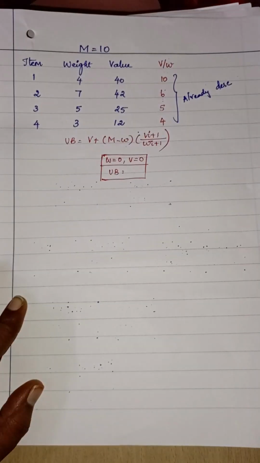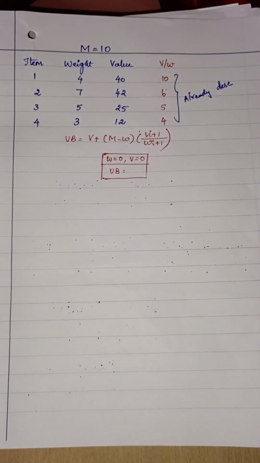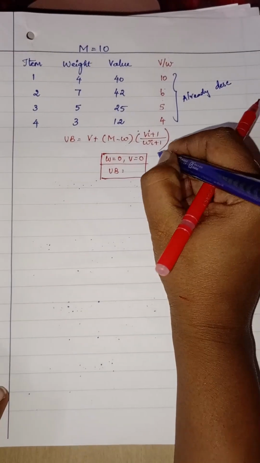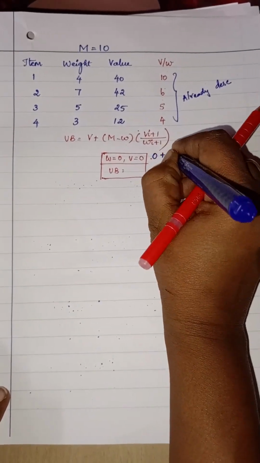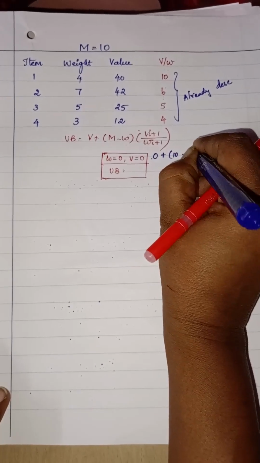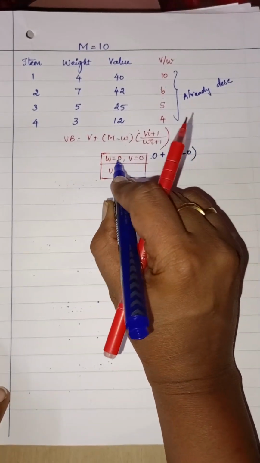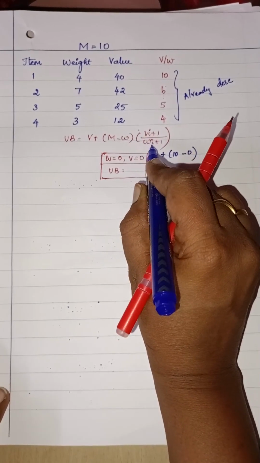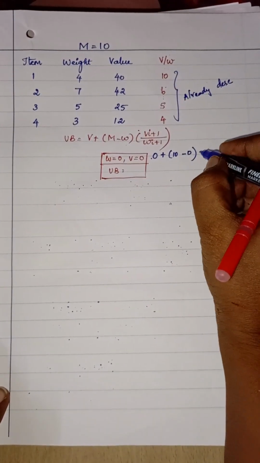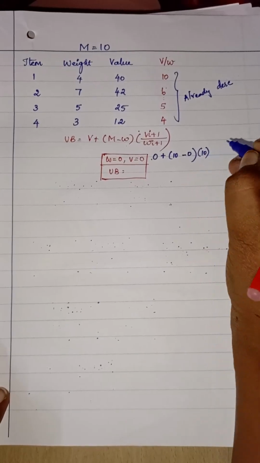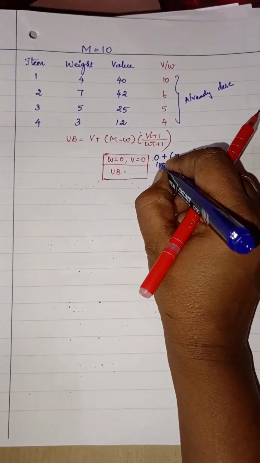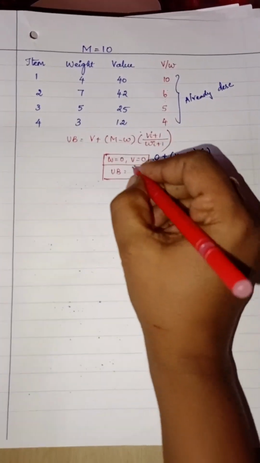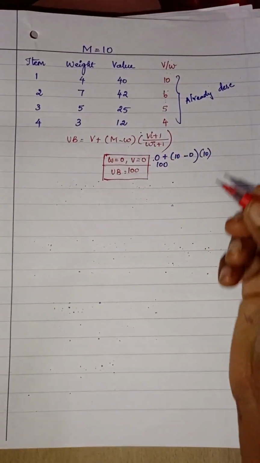Upper bound is calculated by using this formula. So it is 0 plus (10 minus 0). Since no item is considered here, this Vi plus 1 by Wi plus 1 will be the ratio of the first item. It is 10. So 10 into 10, the answer will be 100. So the upper bound in this case is 100.